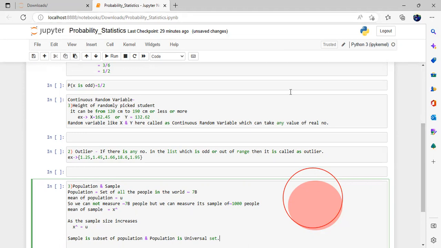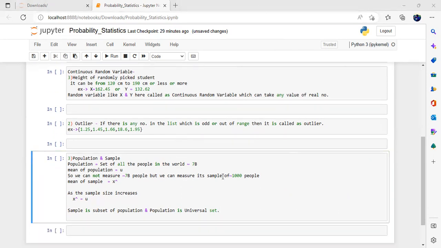So this is what we can conclude. Yes, this is all about the population and sample.